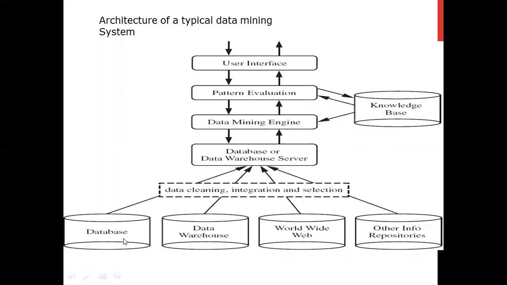First of all, we have to take the data from any databases. A database means we can say it is data in tabular format. A data warehouse means data can be in different formats, structured and unstructured, or a combination of structured and unstructured data. In a data warehouse, historical data is stored.